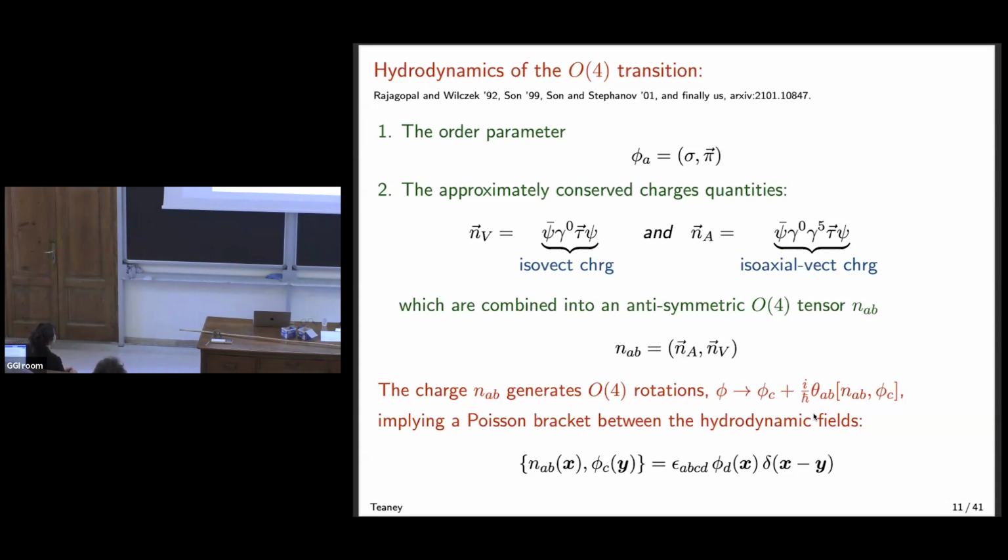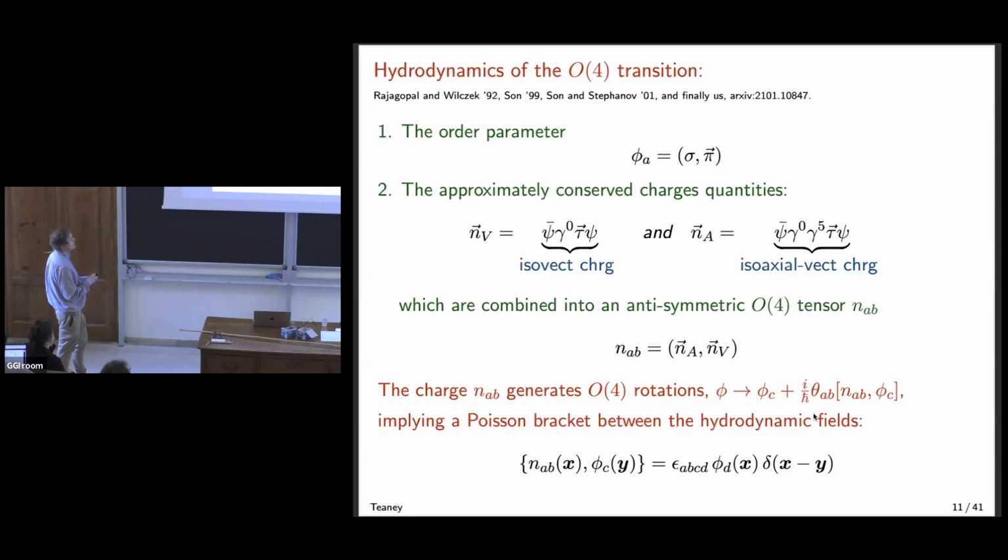That would include energy and momentum and all the conserved charges. It turns out that energy and momentum is not so important because the critical exponent of specific heat is negative in O4, and the really relevant quantities are the conserved isovector charge and the isoaxial vector charge.